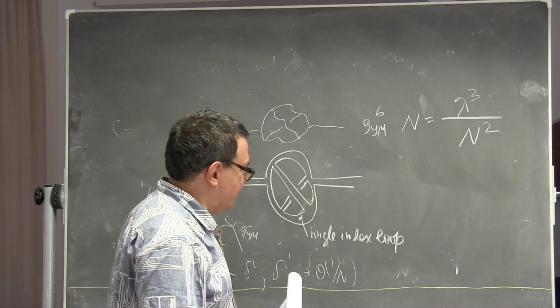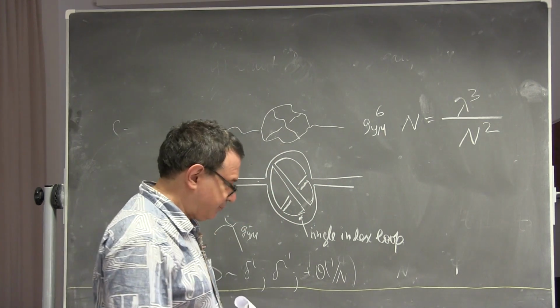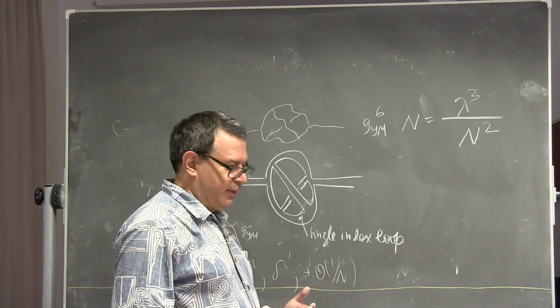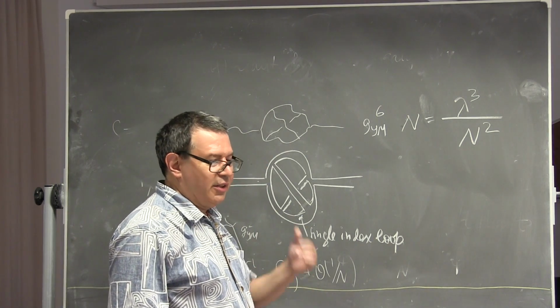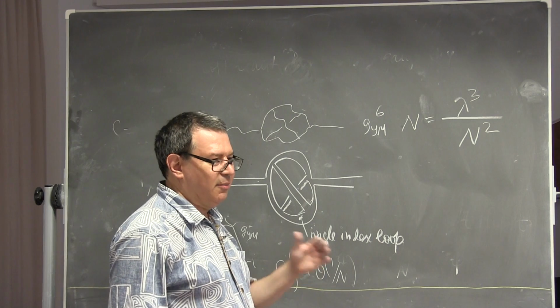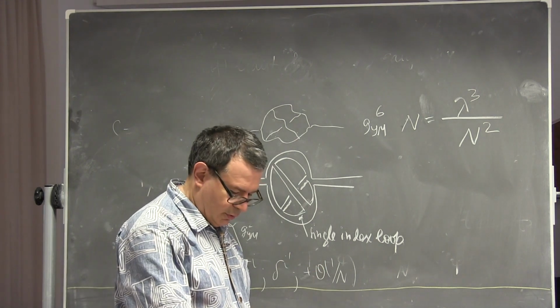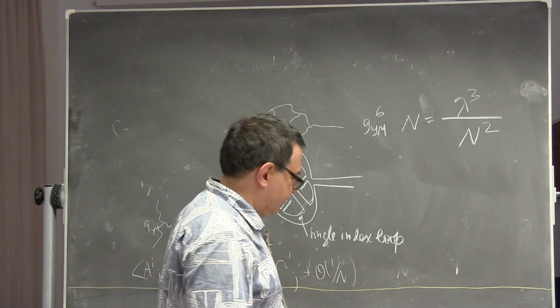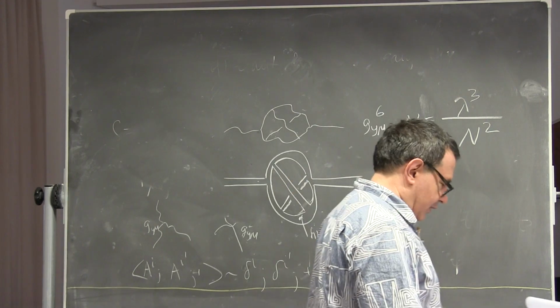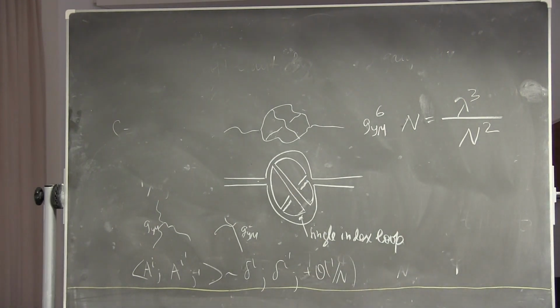Okay, so you see that the leading non-planar graphs are already suppressed by 1 over N squared compared to planar graphs. Okay, and the simplest way to show how this works is for vacuum graphs.